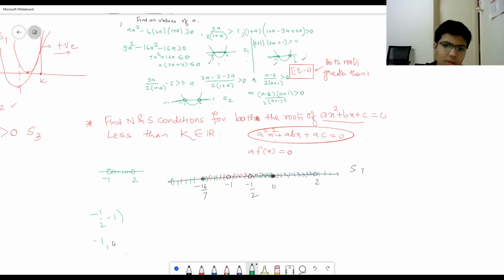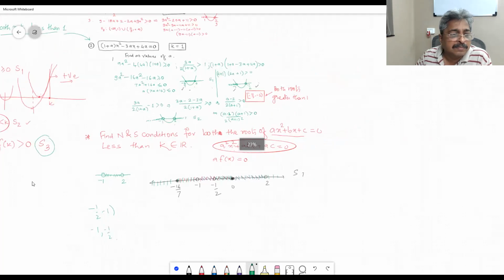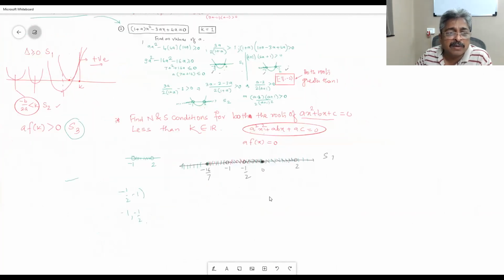No. In S3, -1 to -1/2 is also included. S3 is not changing. S3 solution set is exactly the same. I think all of you together are making a mistake.